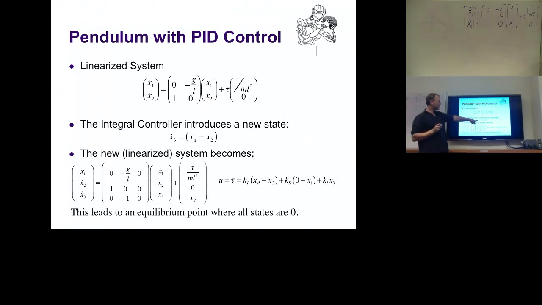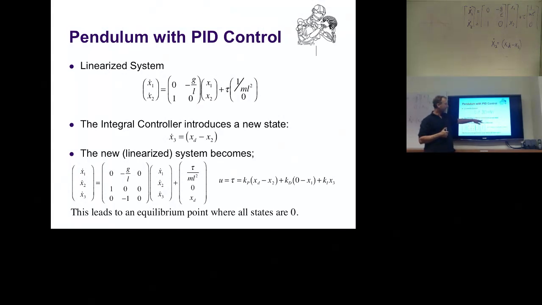I will now introduce the integral controller equations. The integral controller equation is actually x3 dot. It's a new state which we have generated, equals x desired minus x2. So that's a typical integral equation. We'll talk about this again and again.